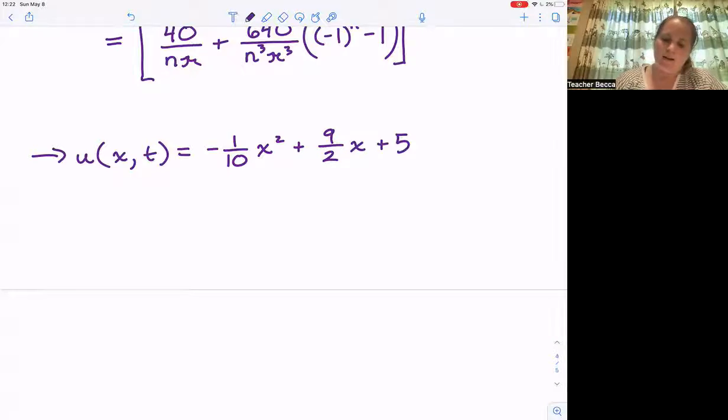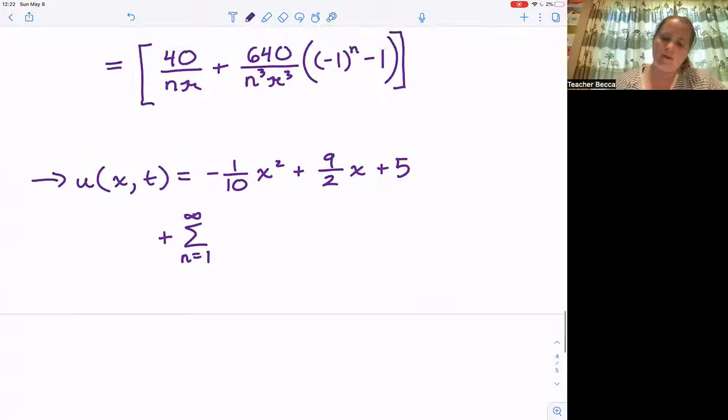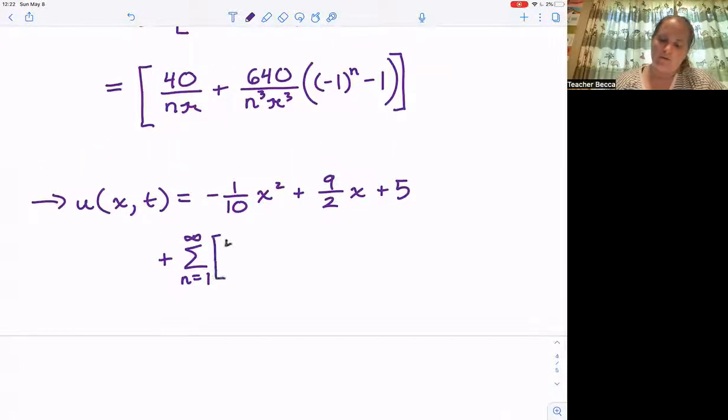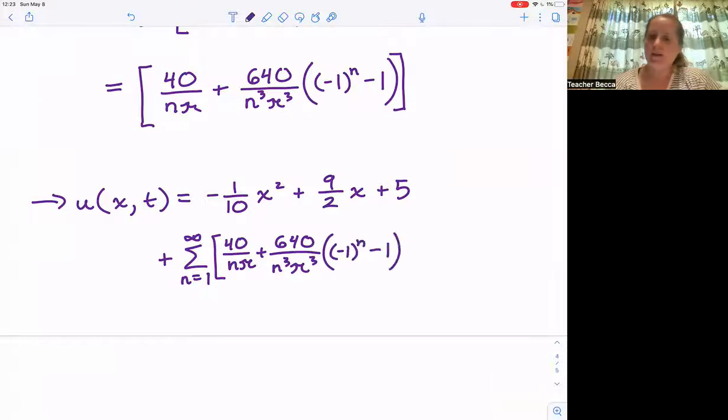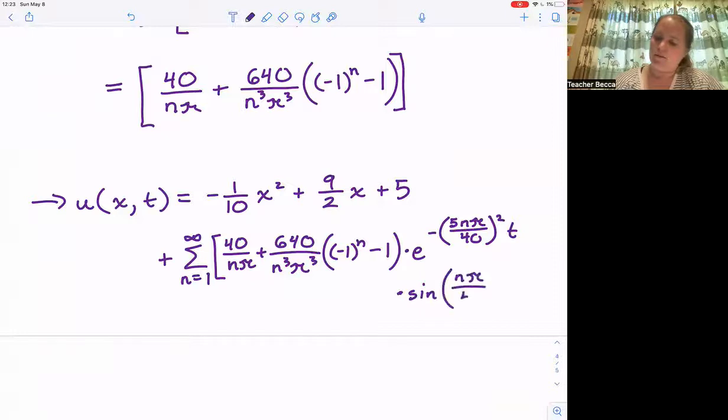And then we have plus the sum from n equals 1 to infinity of 40 over n pi plus 640 over n cubed pi cubed times negative 1 to the nth minus 1 times e to the negative a n pi, so 5 n pi over L over 40, all things squared t, times sine of n pi over 40x.